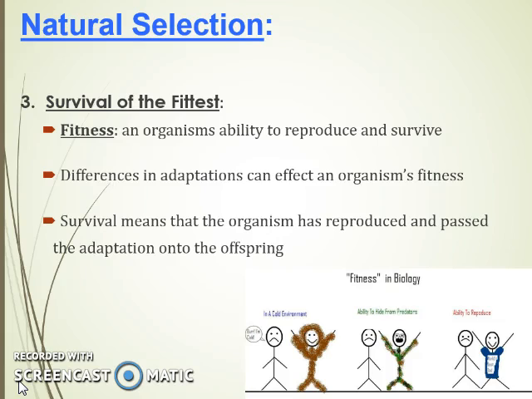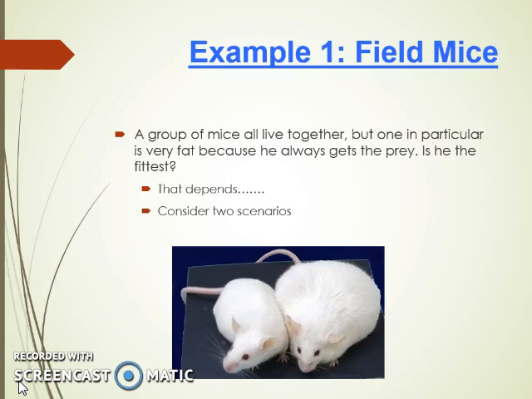I can tell you that in the future there will be questions on the two examples in the next few slides, so take your time. If you do need to, pause the video and look at those. The first example is on field mice, and we're going to learn why survival of the fittest is used here. Why is that mouse so fat?